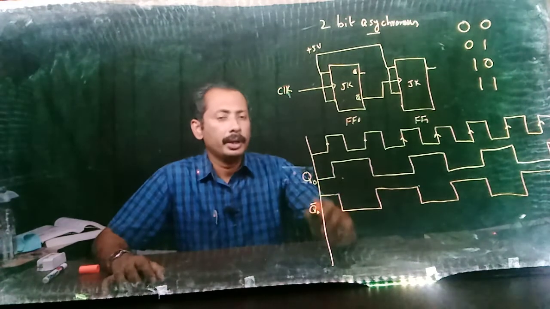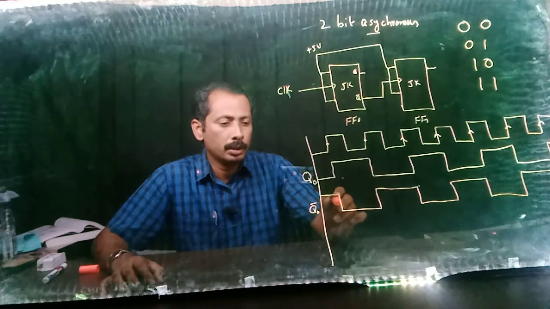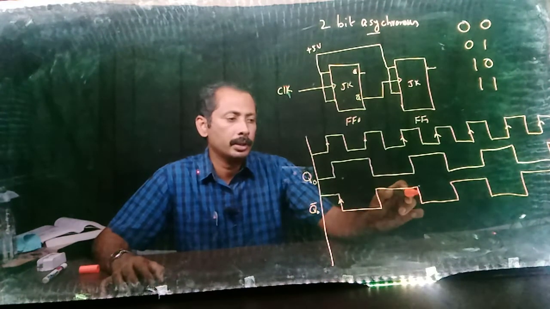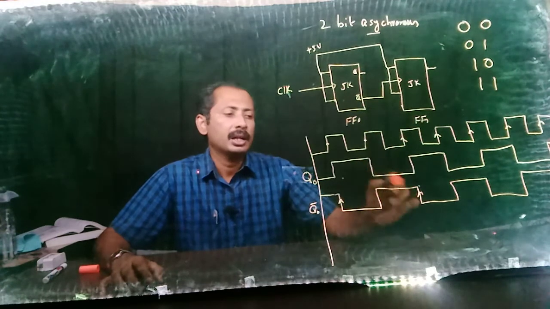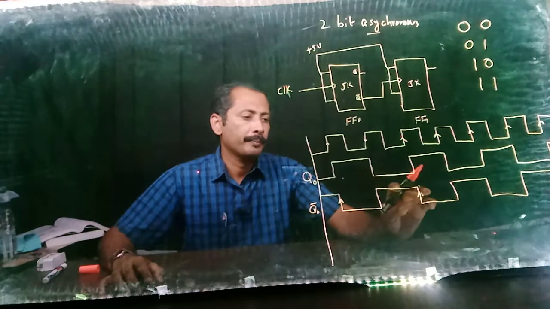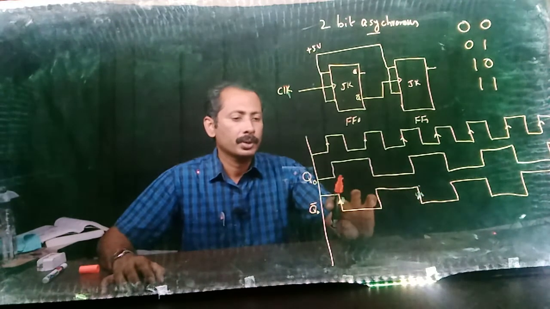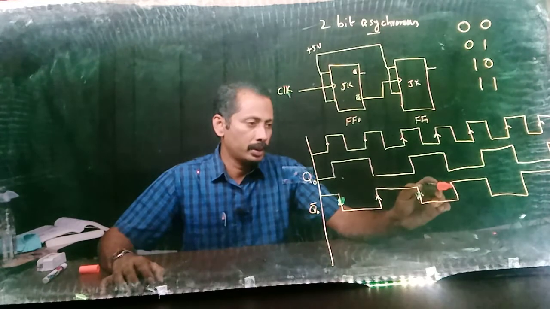And this Q bar is the clock pulse of the JK. This JK is positive edge triggered, so it responds at the positive edge only.